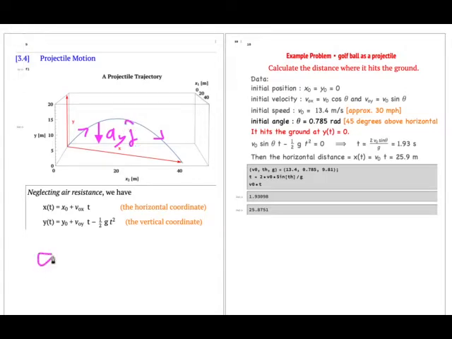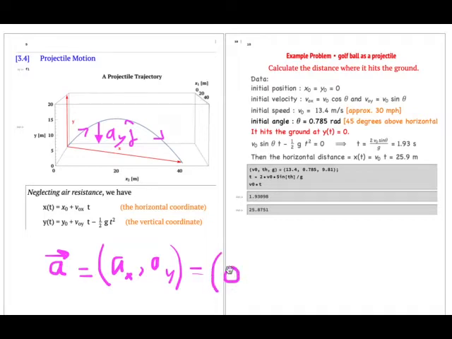So the acceleration of the soccer ball is, let's write it this way, a_x in the x direction, comma, a_y in the y direction. There is no acceleration horizontally, neglecting air resistance, so the horizontal acceleration is 0.